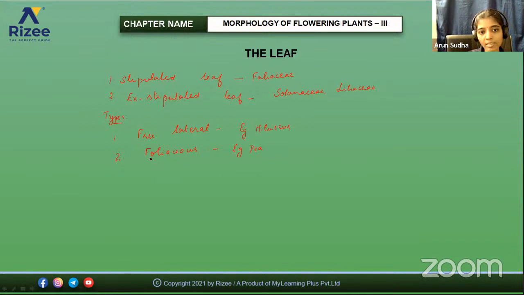Foliaceous means it is like a leaf. If it is a leaf-like stipule, then it is called foliaceous, and the example is pea. In some cases, it will be spiny, that is in the form of spines, and the example is ziziphus.